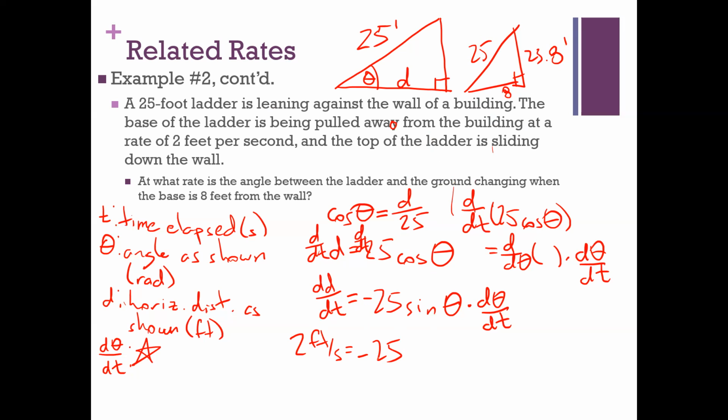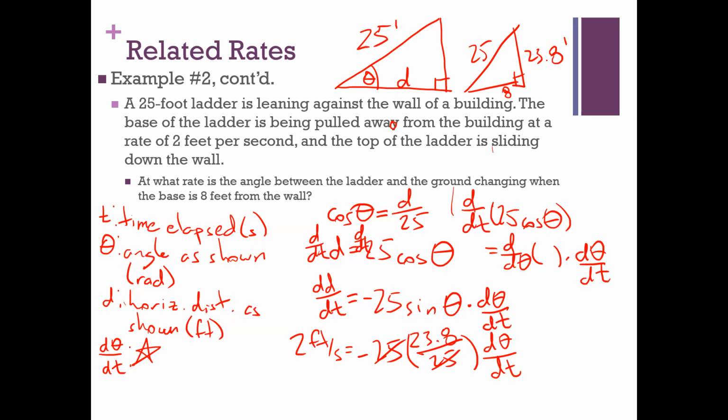So from there, I think I can say this: the sine of the angle is 23.8 over 25 times d theta dt. Any questions here? I don't think we should get a final result.